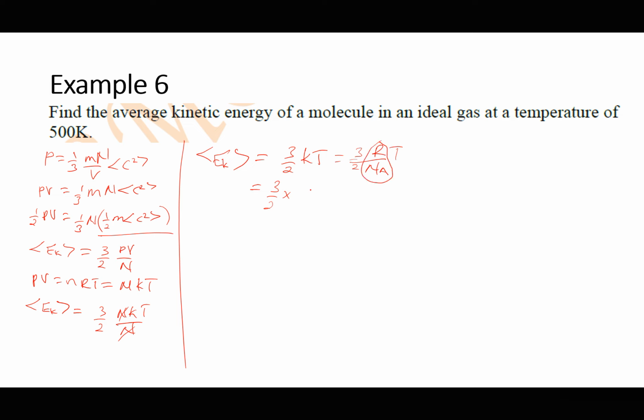But since I don't want to use k, I know R is 8.314, Avogadro's number is 6.02 times 10 power 23, then times the temperature in Kelvin, which is 500. Then I press my calculator. By pressing the calculator, I'm getting 1.04 times 10 power negative 20 joules.